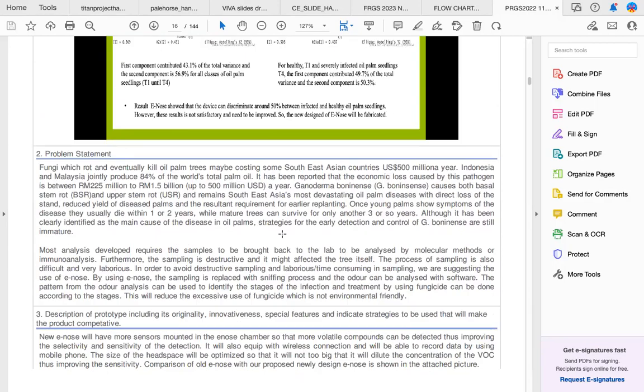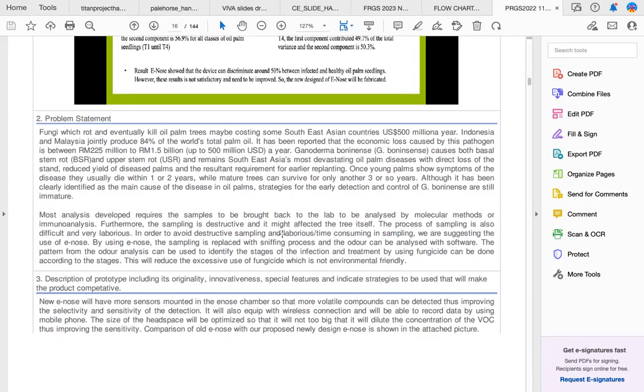All right, so problem statement, okay. Yeah, it's quite easy. Most methods developed require samples to be brought back to the lab. So I'm going to propose a portable sensor, ENOS.